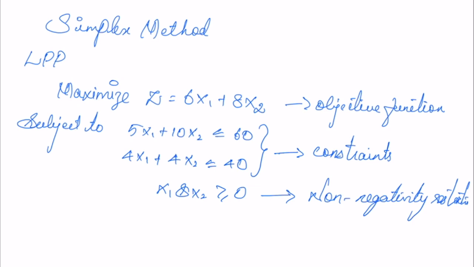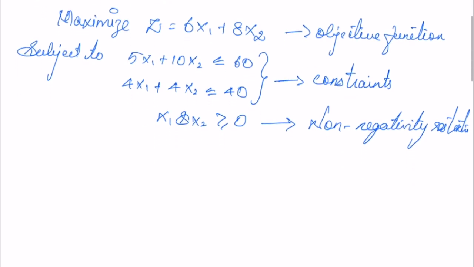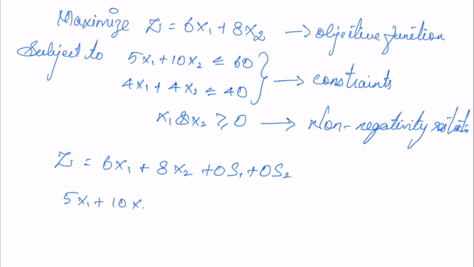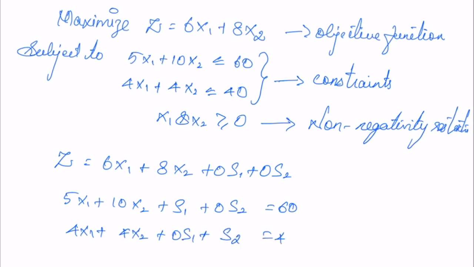Now, writing this in the canonical form, it is given as z is equal to 6x1 plus 8x2 plus 0s1 plus 0s2 subject to the constraints 5x1 plus 10x2 plus s1 plus 0s2 is equal to 60, 4x1 plus 4x2 plus 0s1 plus s2 is equal to 40.